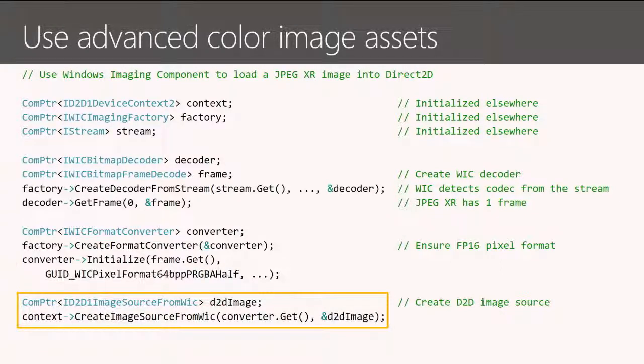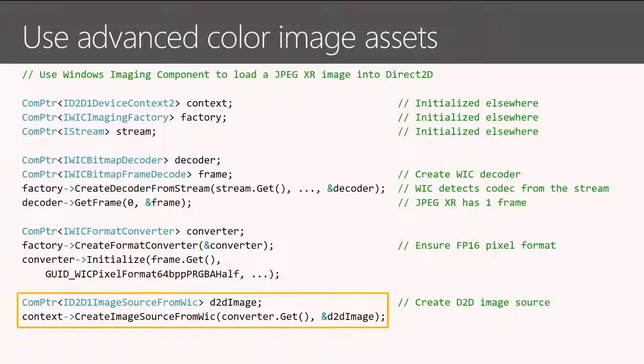And finally, we initialize a Direct2D image source, which can then be used as an input to Direct2D. So this chain of code is essentially identical to loading SDR image assets, except we have specified the HDR pixel format. In WIC, unlike in DirectX, the notion of color space is baked into the pixel format.